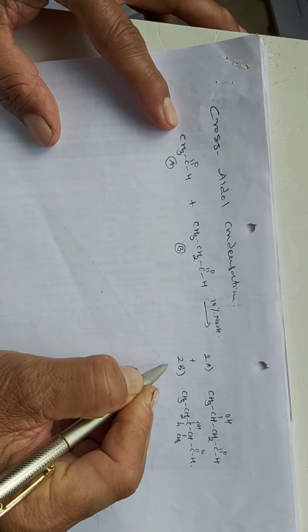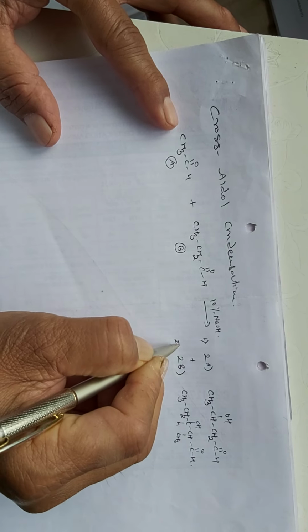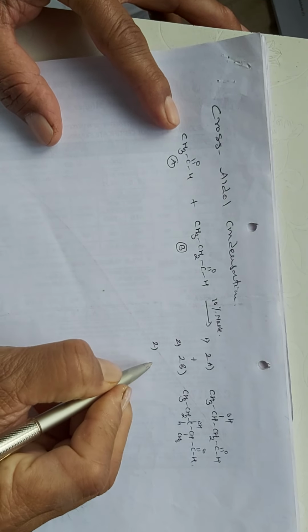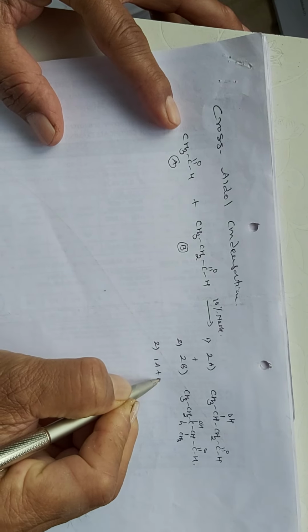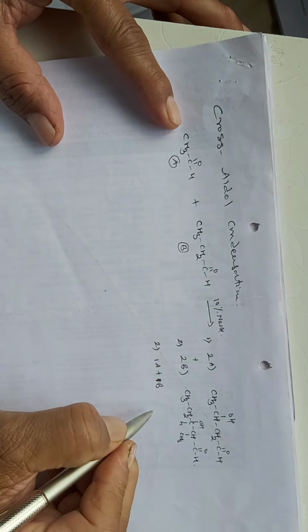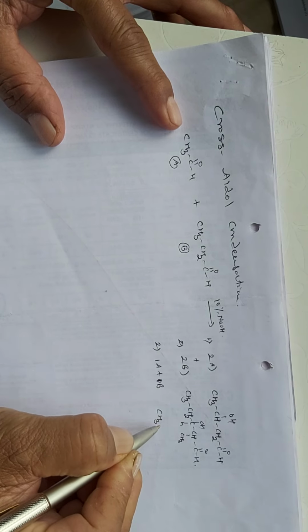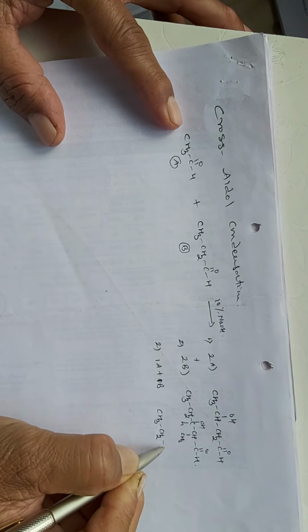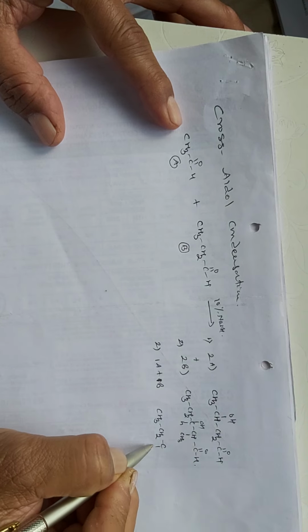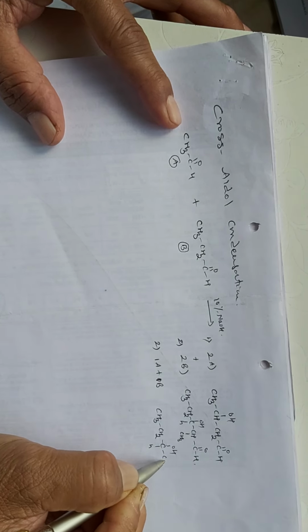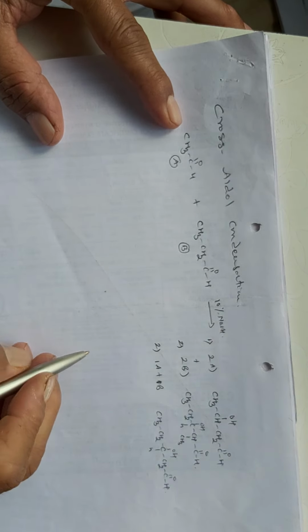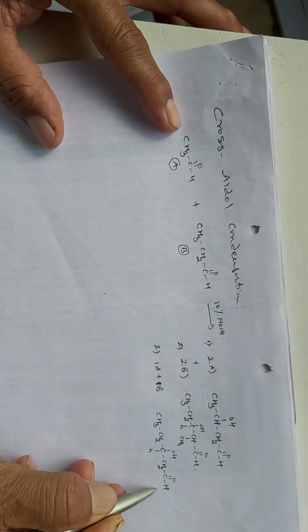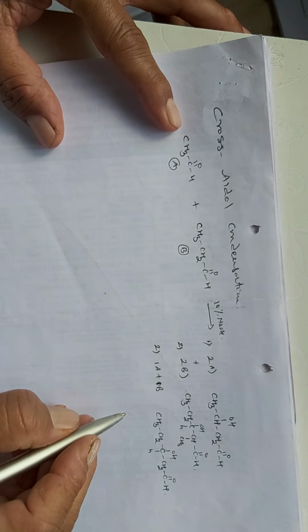The third type of product: if one molecule of A plus one molecule of B react, we get two different products. One is CH3CH2CHOHCH2CHO, that is, one molecule of propanaldehyde with one molecule of acetaldehyde.